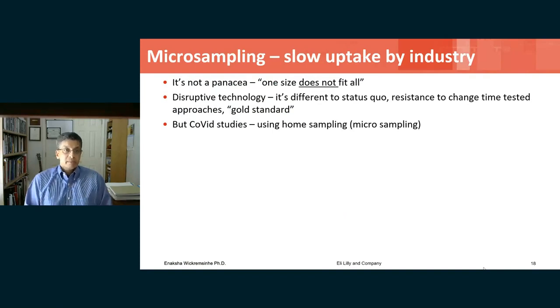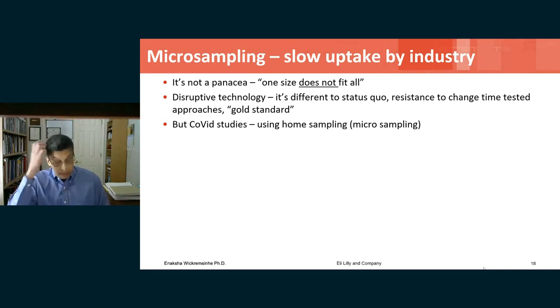So we have a very captive, experienced audience. But microsampling uptake has been slow by industry, right? Obviously it's not a panacea. It's not one size fits all. It's also a disruptive technology, different to the status quo. There's always resistance to change, especially against the time-tested gold standard, which has been the Vacutainer full of blood.